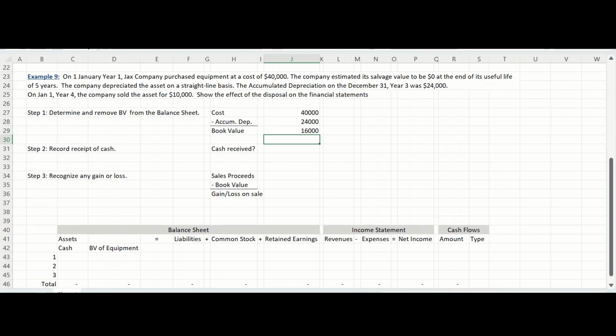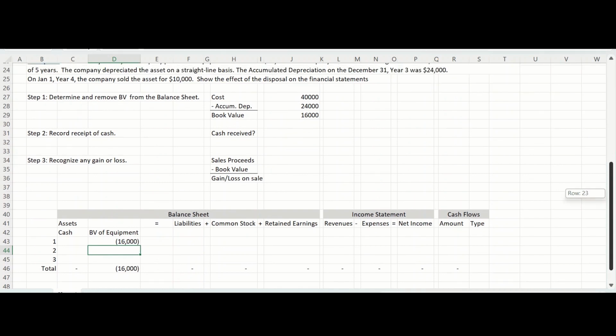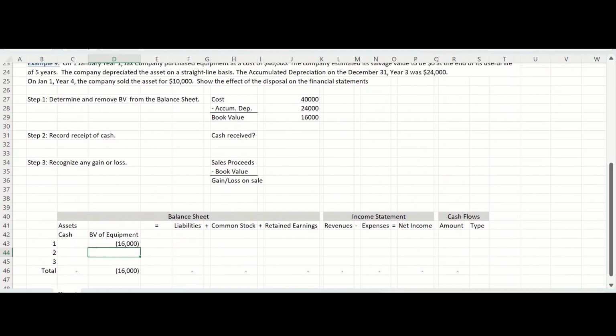All right, so to remove the book value from the balance sheet, we go down here to our horizontal financial statements model. I already have a book value of equipment assets column. And in order to remove that, we just need to subtract that $16,000 book value.